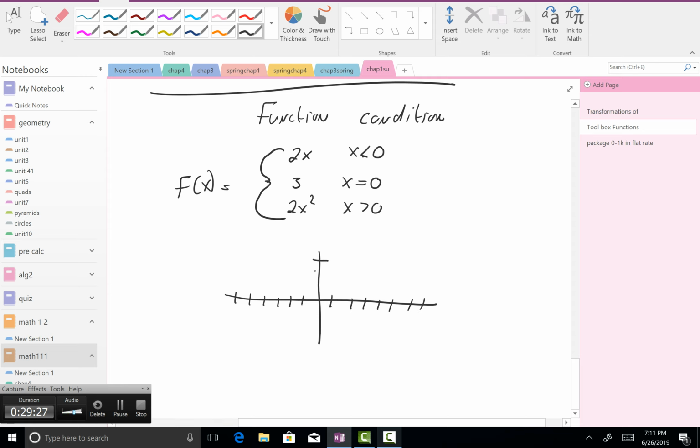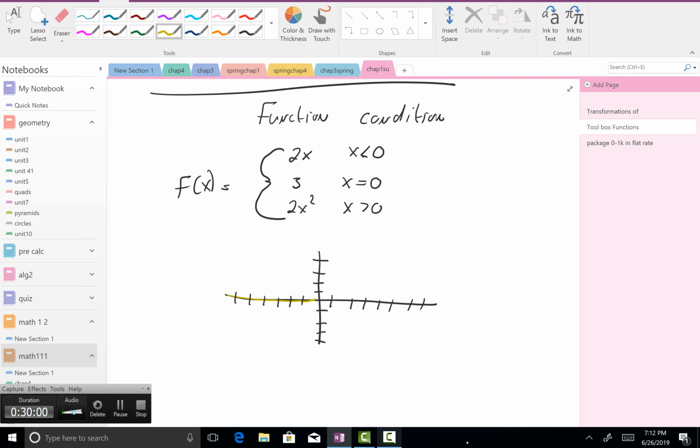At negative 2, I'm going to have a negative 4, and so forth. So I'm just going to have this line, like this, until I hit 0. What are we getting at 0? 3. So I have an open dot there, and now I have a 3.